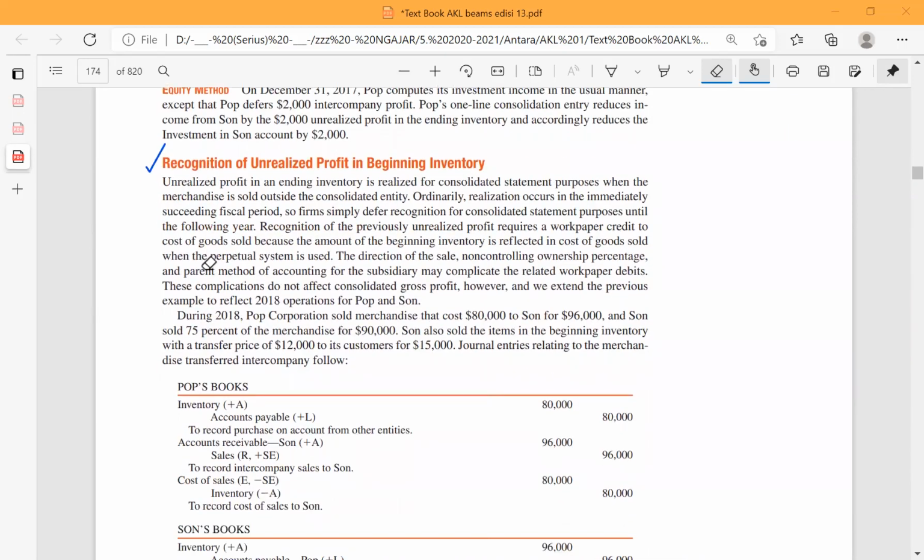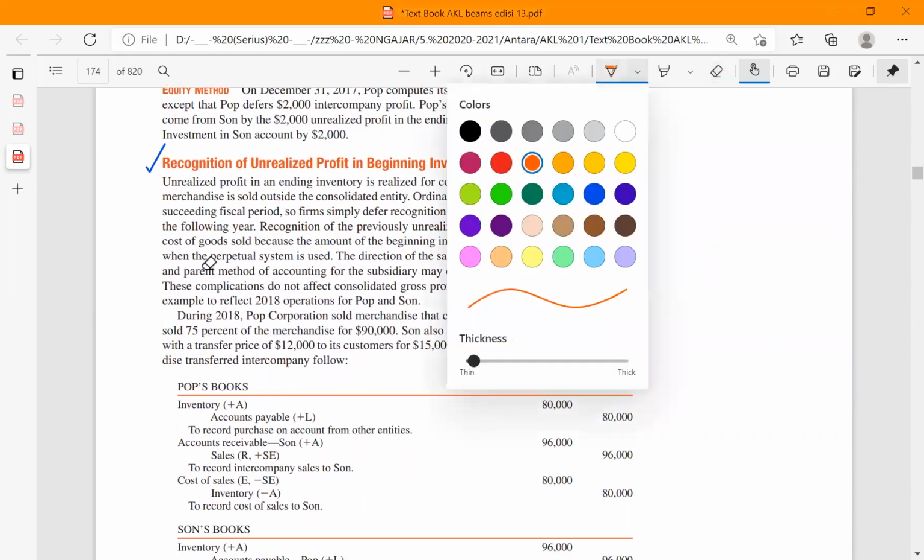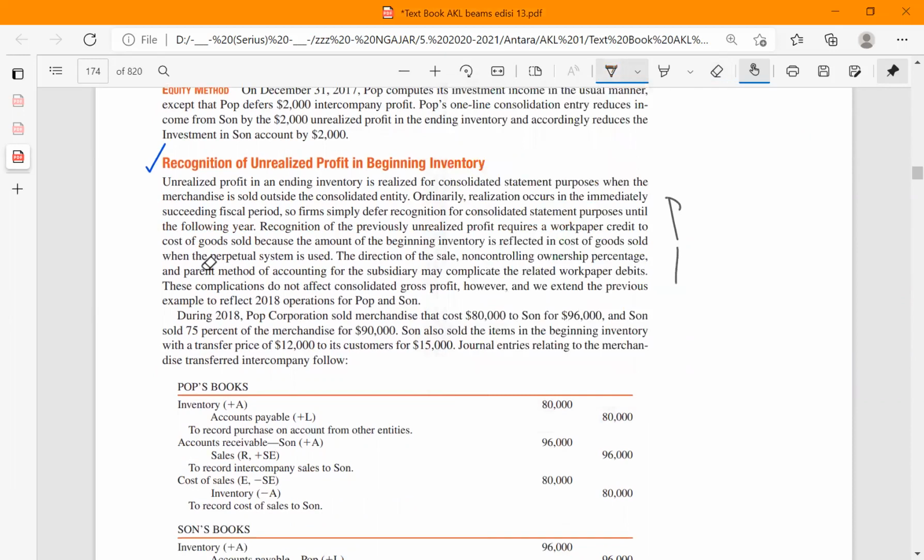So during 2018, let's discuss the problem together. P sold to S, again still downstream, right? The original cost of the inventory is 80. And then P sold this inventory to S for 96.